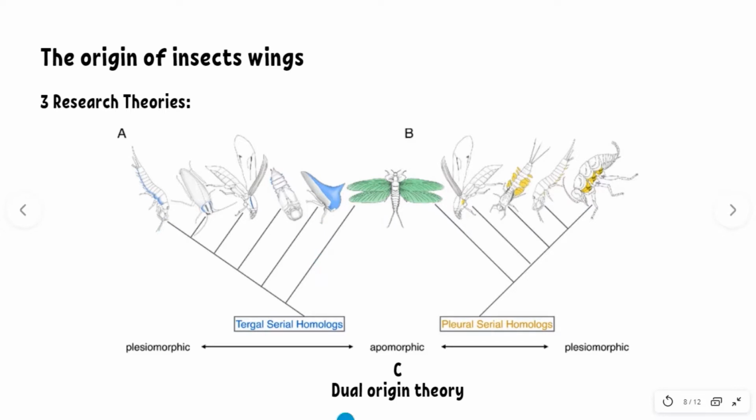And recently, this third theory has been developed as technology has become more advanced. It's called the dual origin theory. It's basically the unity of the first and second theory. To mention, these theories are not confirmed theories describing the origin of the wings, and they are still a mystery, and scientists are working to solve it.